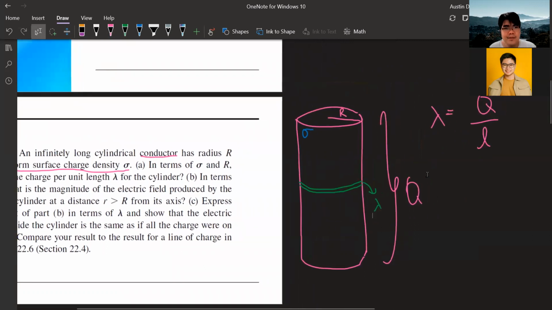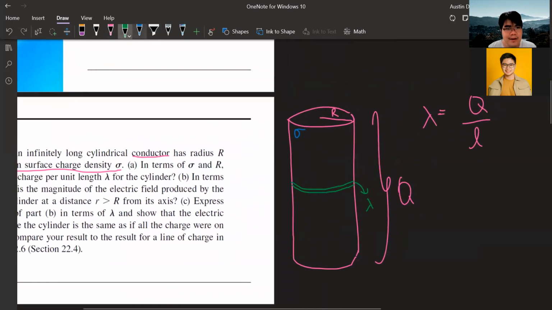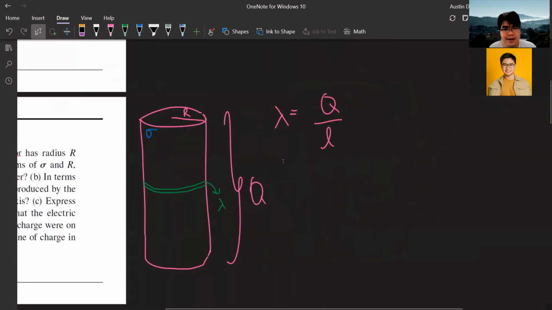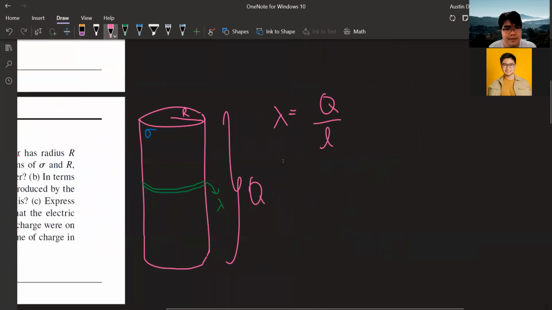Okay? So yung sigma mo would be, sulat natin dito, ay sorry, lambda pala yan. Sigma is Q per area. Tama ba? And what is that?